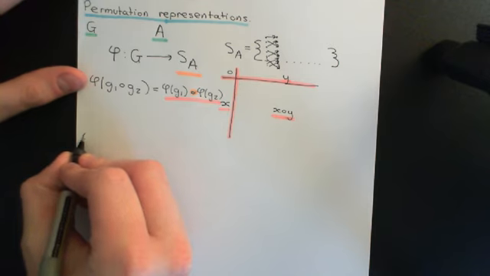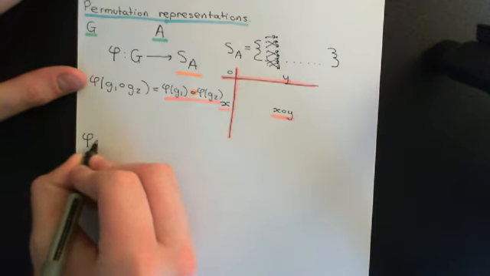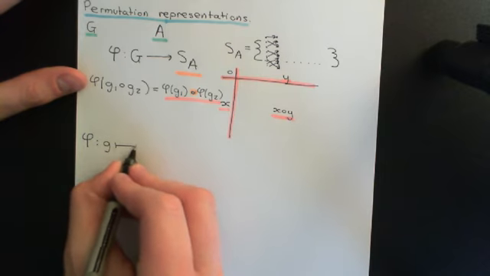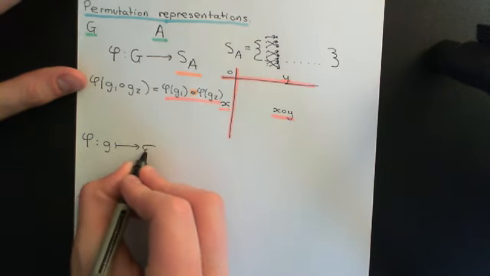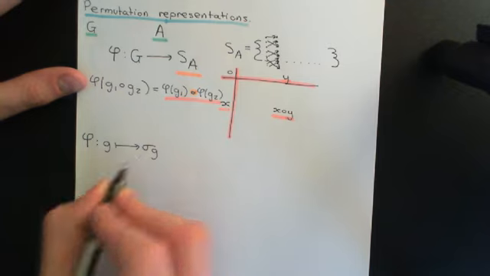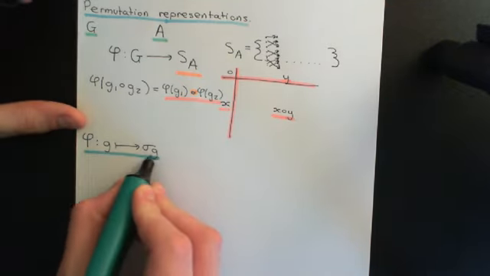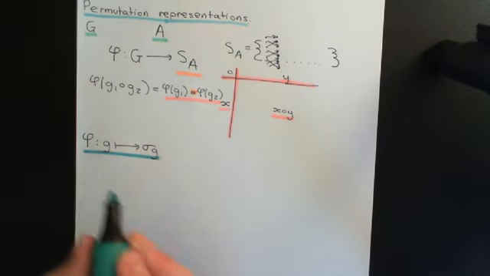Okay, so the way that this is going to work is that we are going to map any element of our group, little g, onto the set permutation that is associated with little g, which previously we called sigma little g. Okay, so that is how I'm going to define my permutation representation.